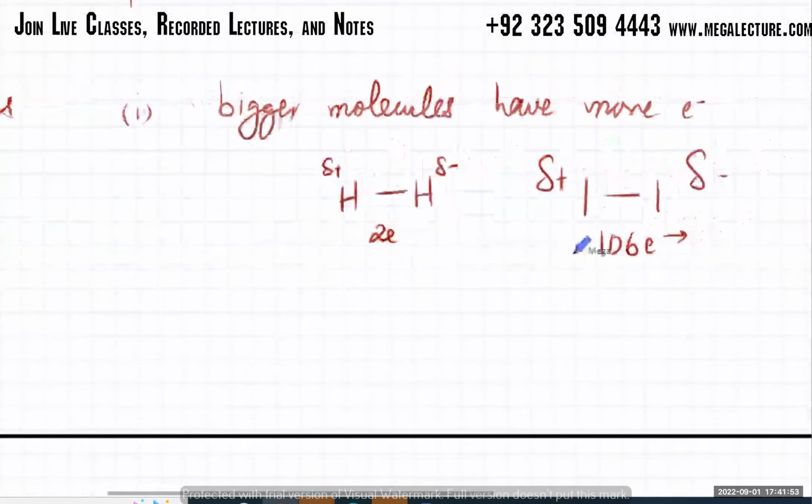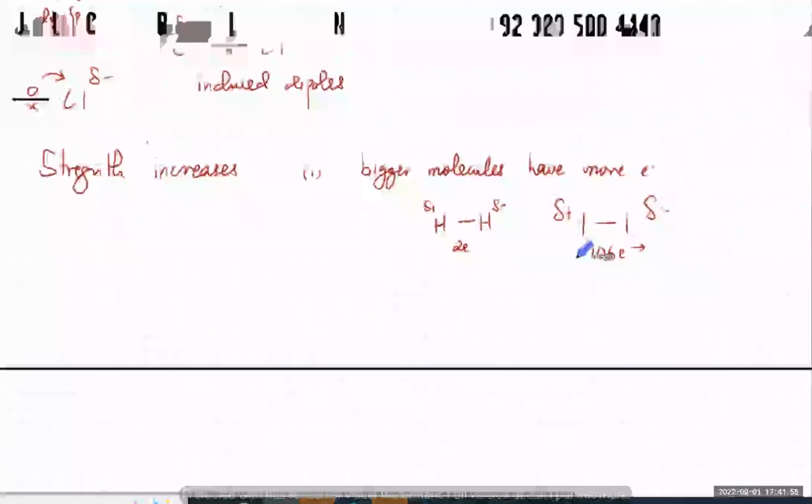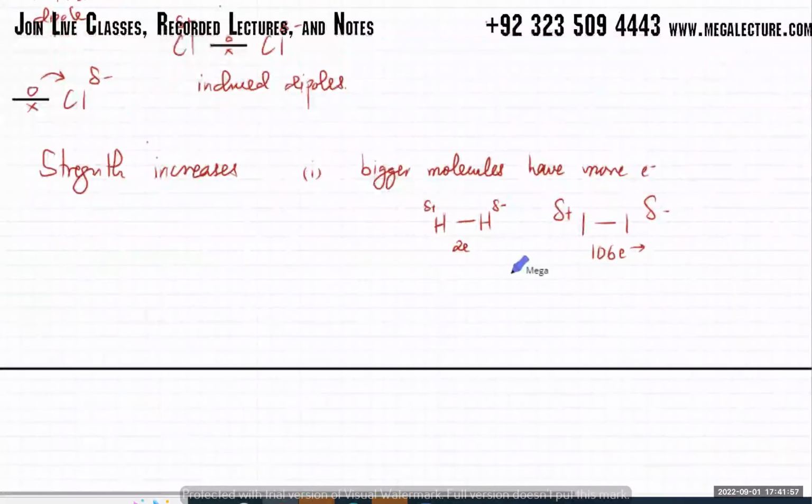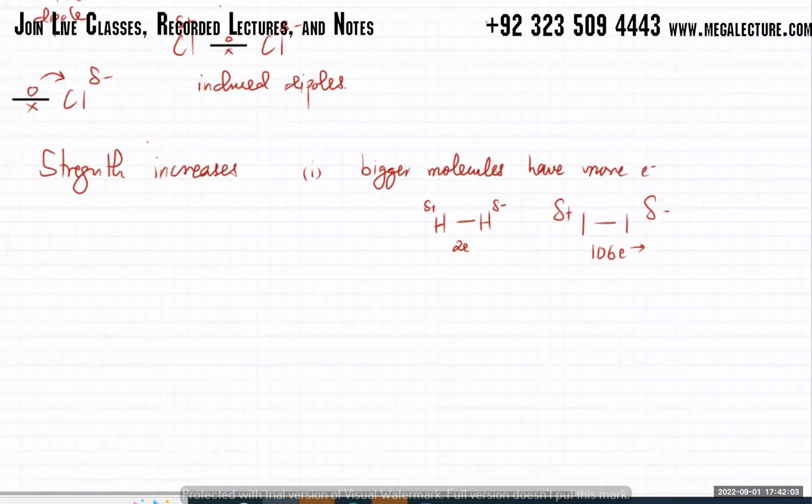So is this idea clear that bigger molecules have more electrons and that results in very strong dipoles.